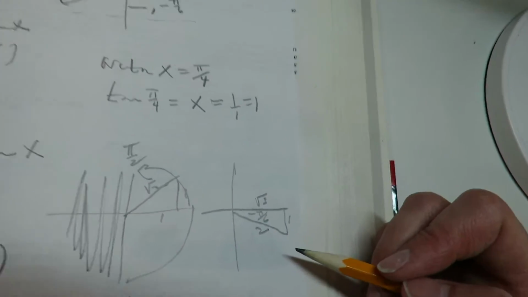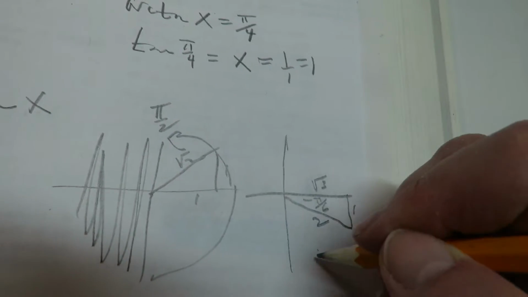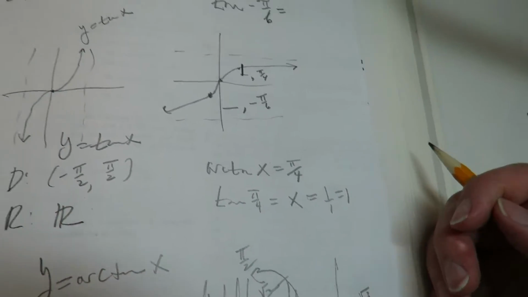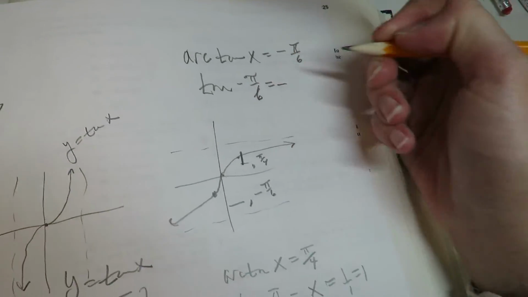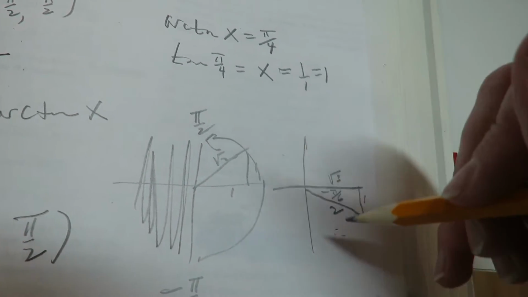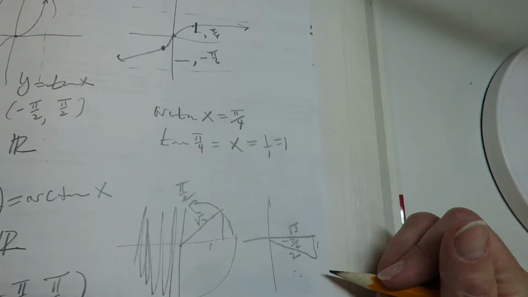So first of all, you're in quadrant 4. So what is the plus or minus of tangent in quadrant 4? Good, it's negative. Remember the tangent is negative in quadrant 2 and 4, positive in 1 and 3. Okay, and then you need to give the sides of this triangle.